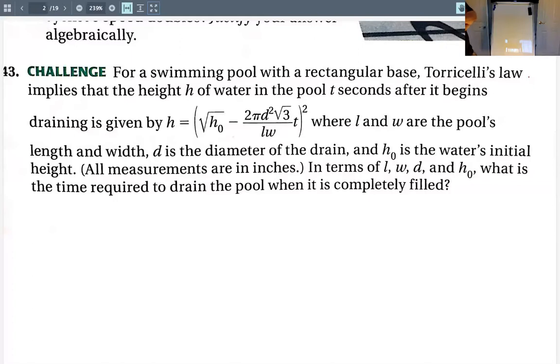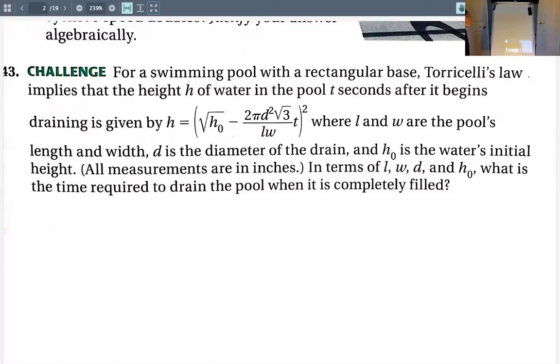You have to be careful with h naught and h and not mix them up. They are two different ideas. h varies. h naught is a constant. h naught is the starting position, which doesn't change.